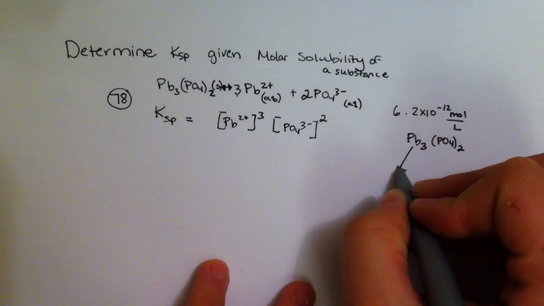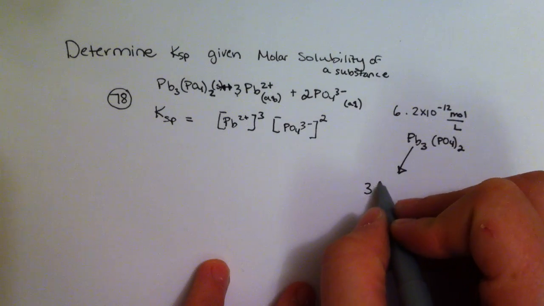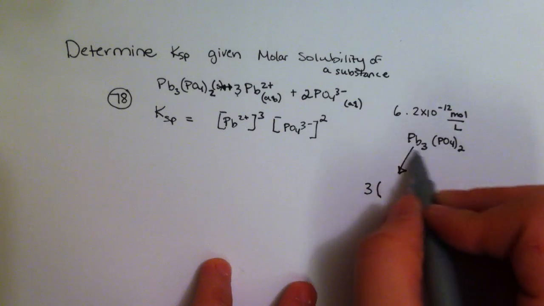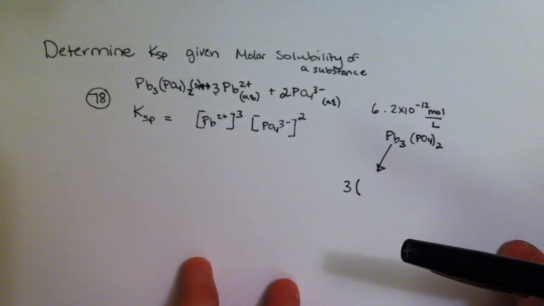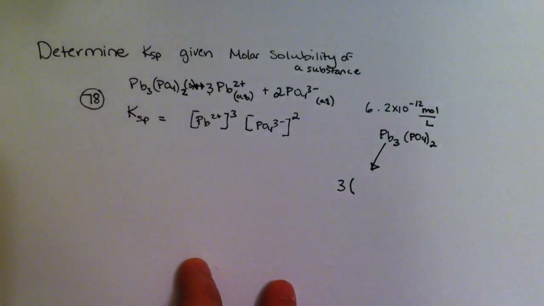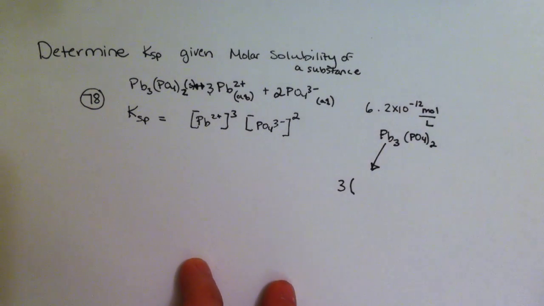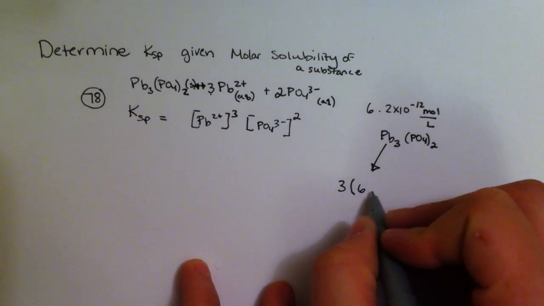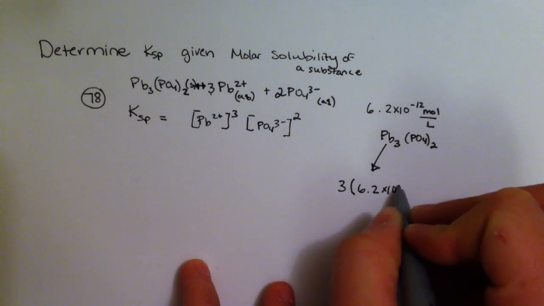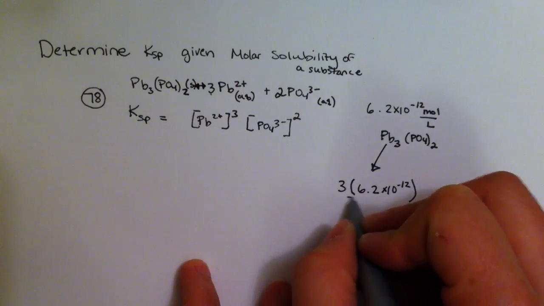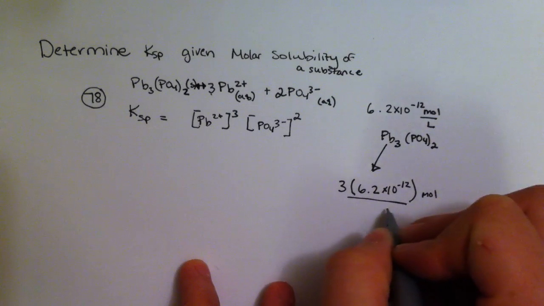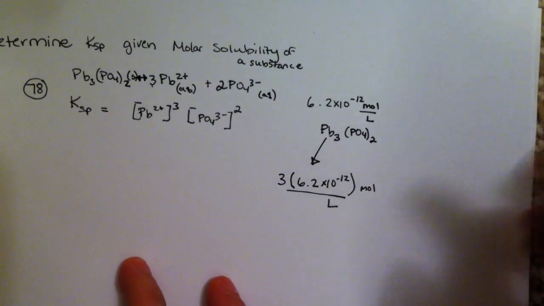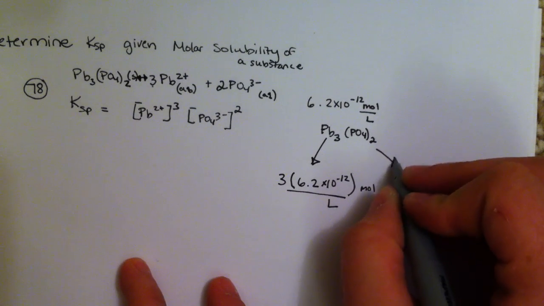If we just look at the lead, we're going to have 3 times as many leads in one formula unit of lead phosphate. That means that we'll have 3 times as many moles. So we would write this as 3 times 6.2 times 10 to the negative 12th moles per liter. And we also have 2 times as much phosphate.